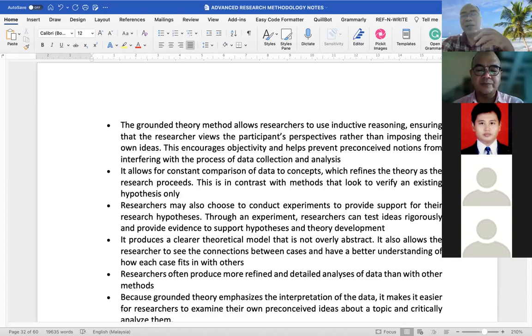Jadi jawapan dia ada banyaklah. Yang mungkin ada jawapannya yang emosional ya. Dia kata saya sangat tidak puas hati dan tidak faham kenapa mereka tidak membayar zakat. Mungkin mereka kurang kesedaran dari segi pembayaran zakat. Mungkin mereka tidak berpuas hati dengan institusi zakat yang wujud. Mungkin mereka tidak berpuas hati dengan sistem kaedah yang kita laksanakan.